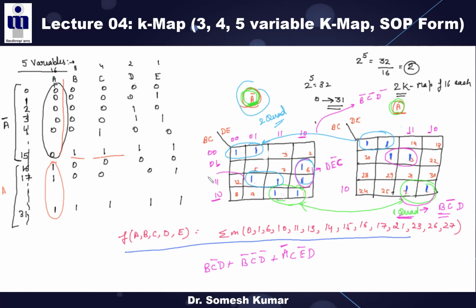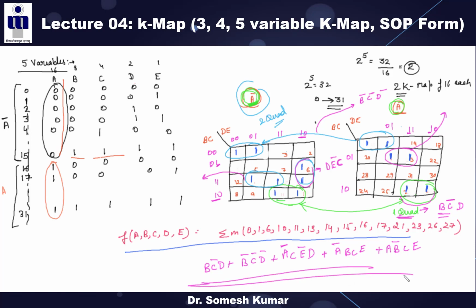Now what is this pair answer? B, C, E, A bar. Clear? What is the answer from this pair? A, B bar, C and E. Right? So this is the correct answer.